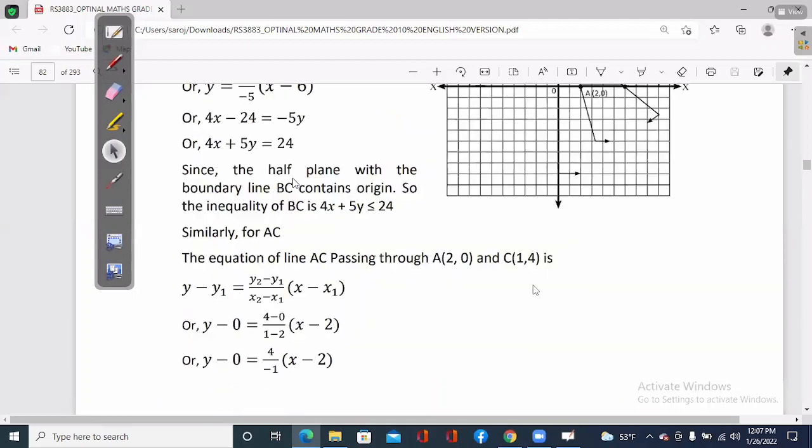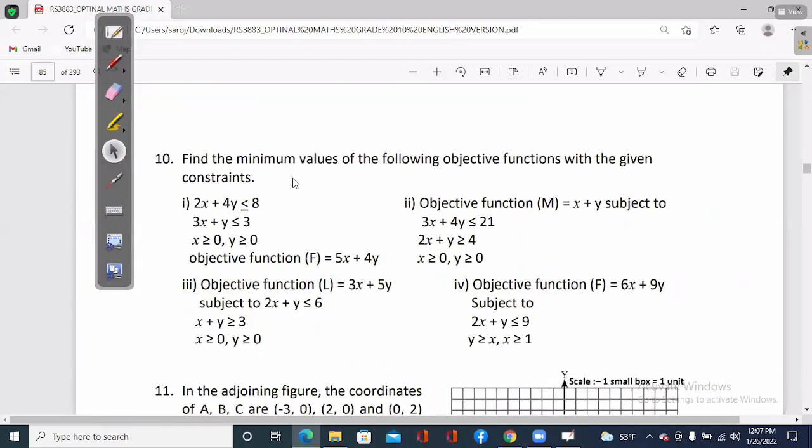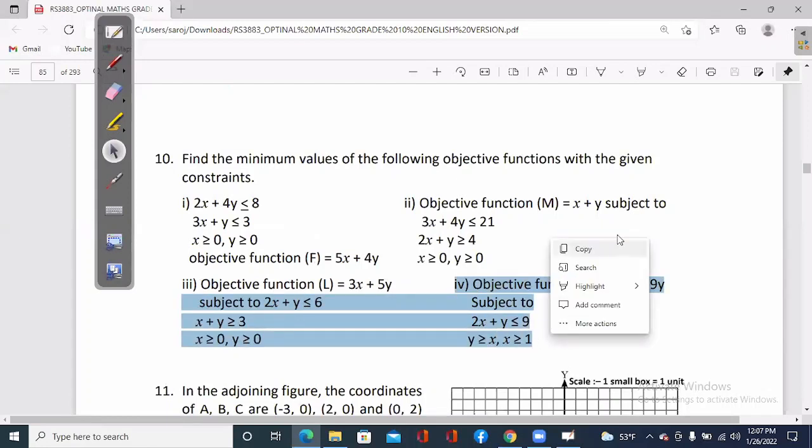So question number 1, we are going to talk about. Now we are going to talk about question number 10 IV.